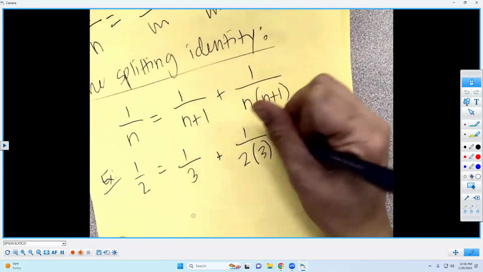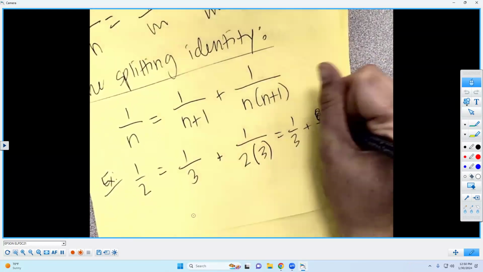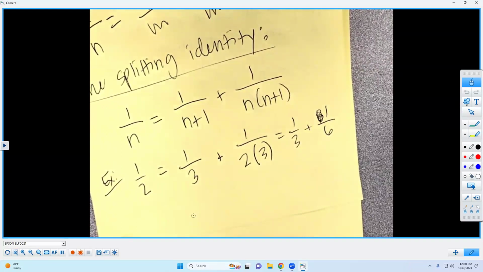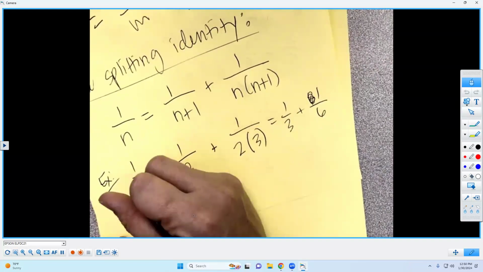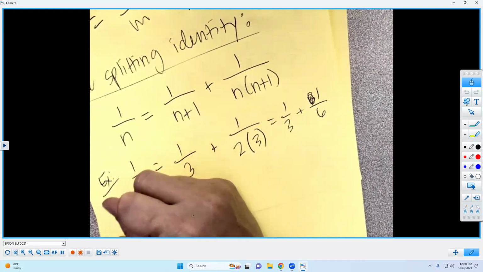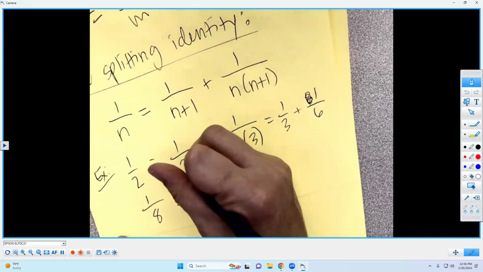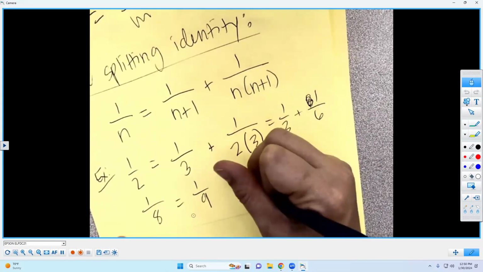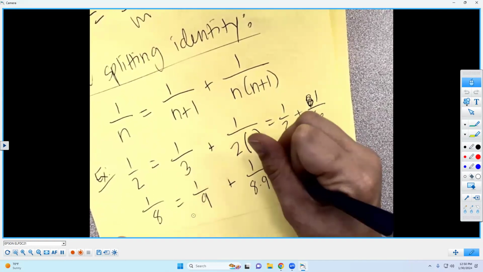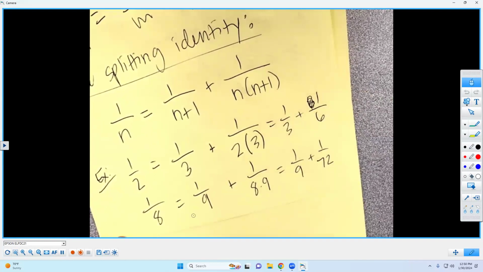So 1/2 is the same as 1/3 plus 1/6. Okay. Similarly, let's do, I don't know, 1/8. That would be 1/9 plus 1/(8 times 9). So 1/9 plus 1/72.